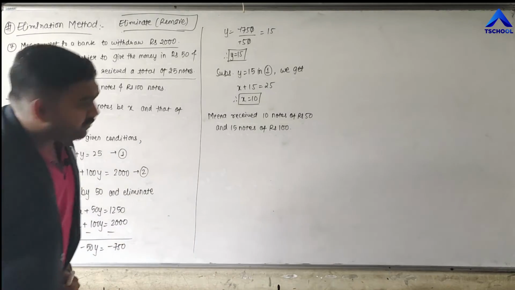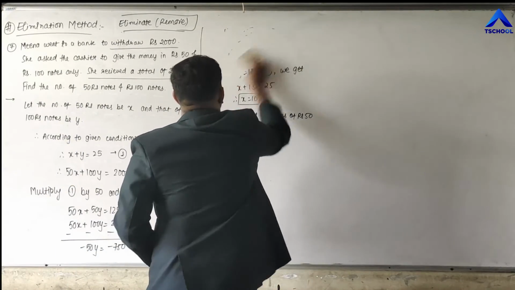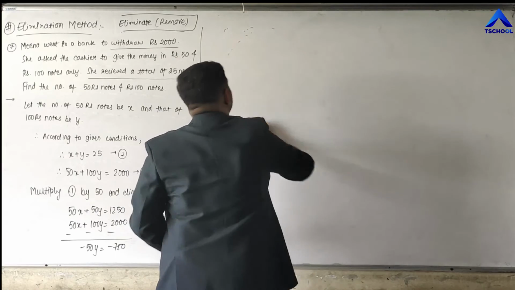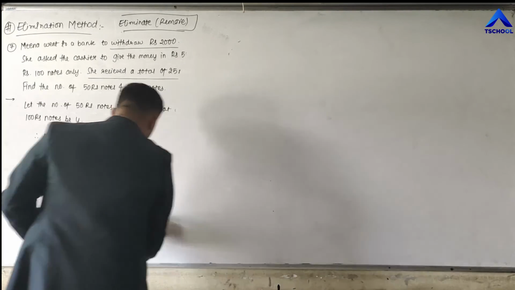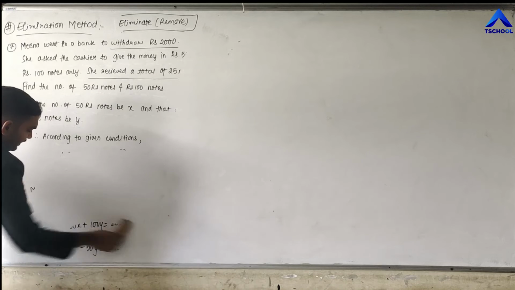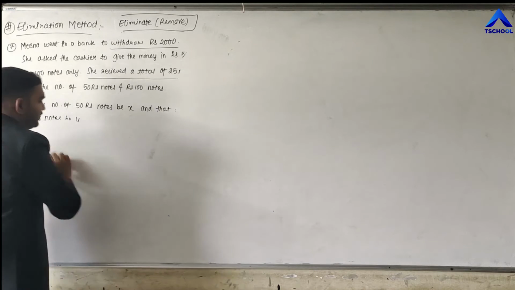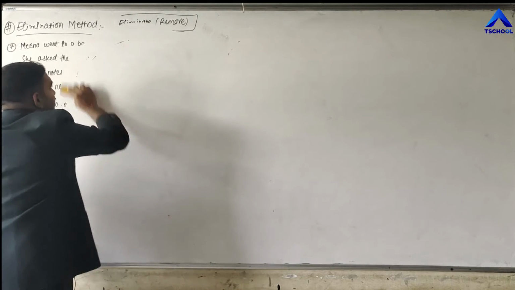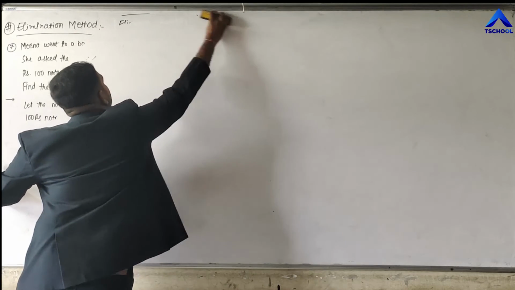So now we are going to move on to the third method of the algebraic solution, or third method of solving a pair of linear equations in two variables, that is the cross multiplication method. What do you mean by cross multiplication?